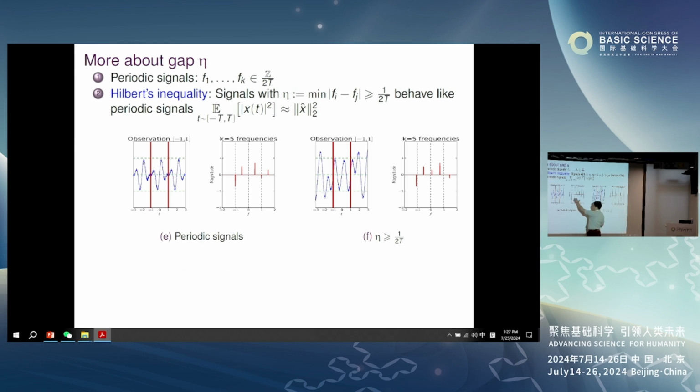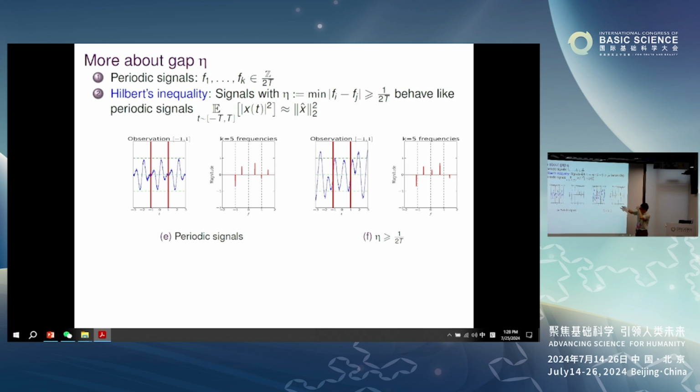So recall this is a periodic signal. This is a period. And this is a signal that is not periodic on the time window. But this inequality is saying it's still fine, because this time window will have enough energy to recover the frequencies.